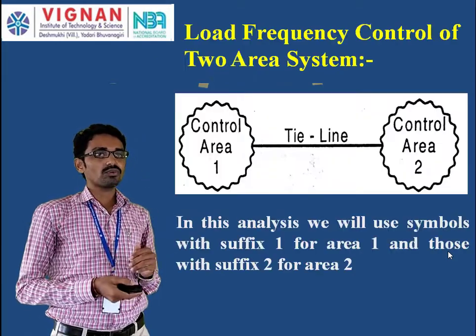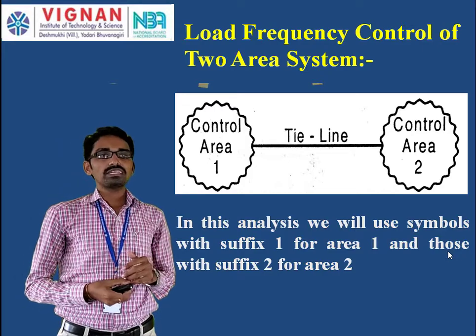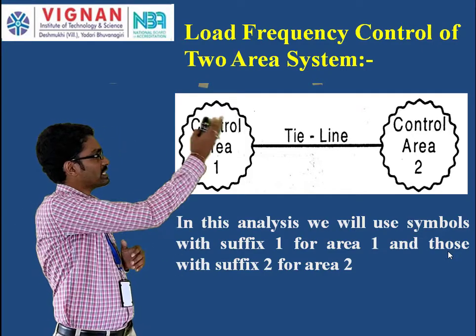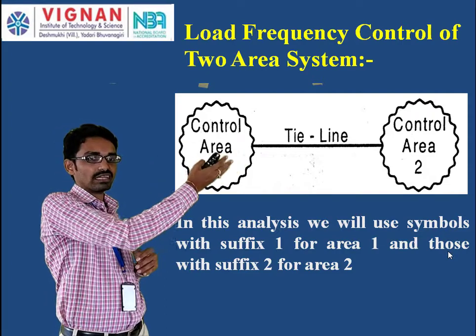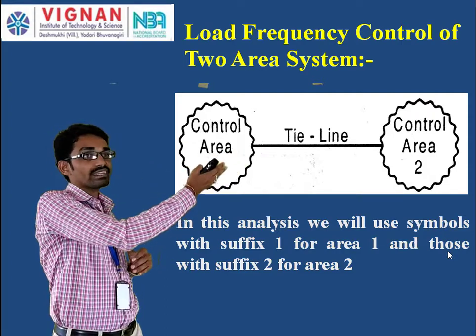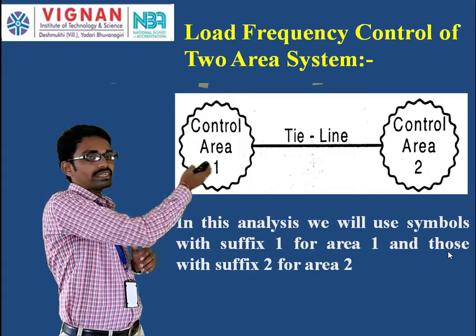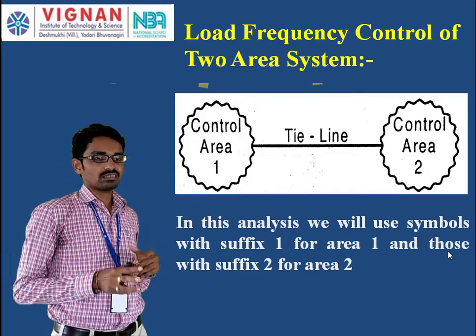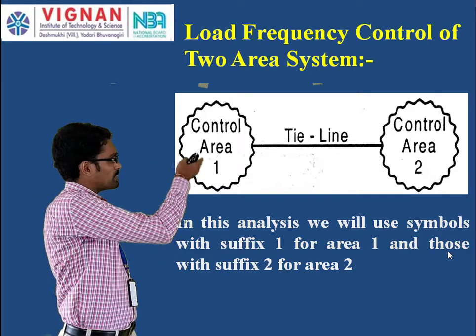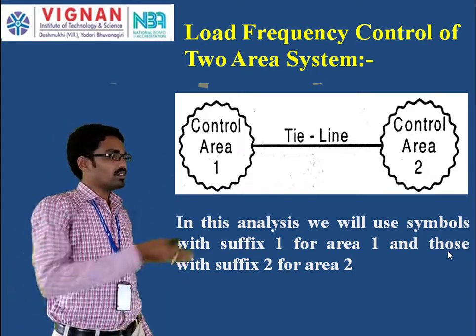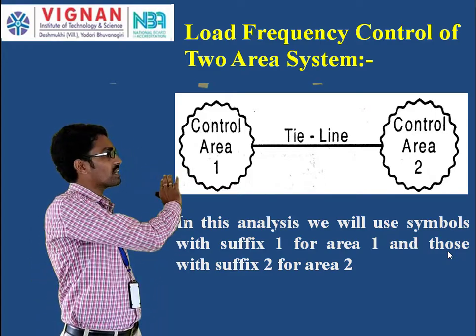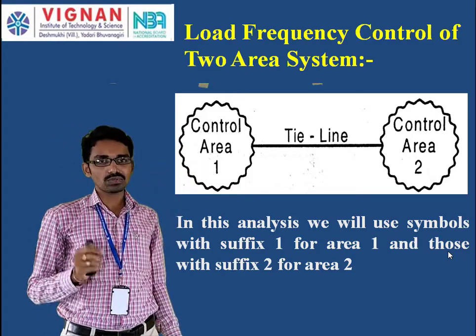Load frequency control of two area system. If I consider two control areas, control area 1 and control area 2, those two control areas are connected with a tie line. The purpose of the tie line is to transfer the power from one control area to the other control area.